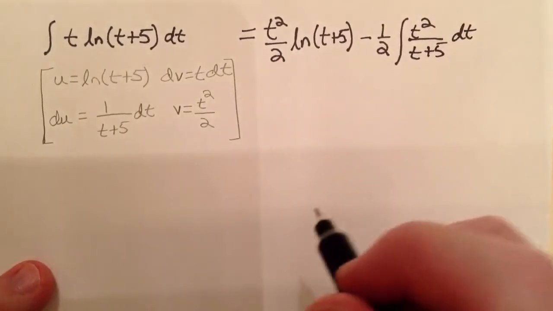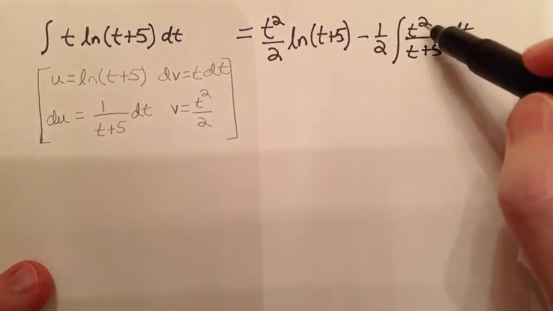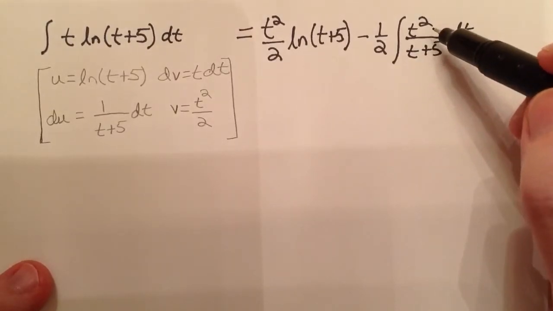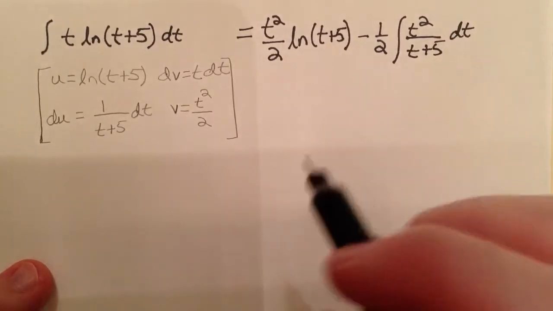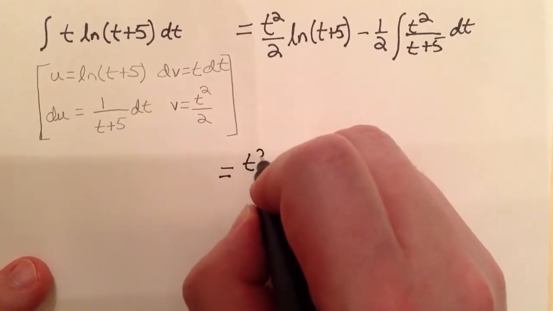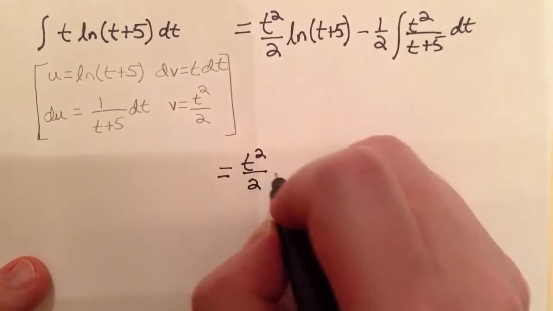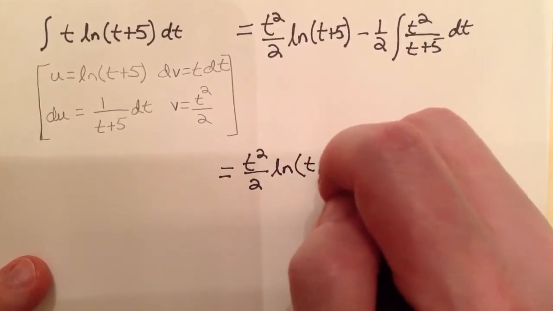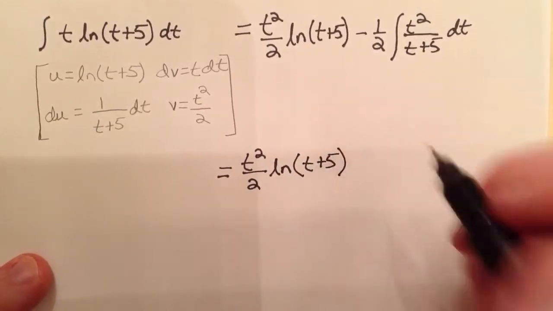And what is going to make this problem challenging is that we're going to be looking at long division, since we have in the numerator a higher degree in the variable t than what we have in the denominator. Okay, so we have t squared over 2 natural logarithm of t plus 5.